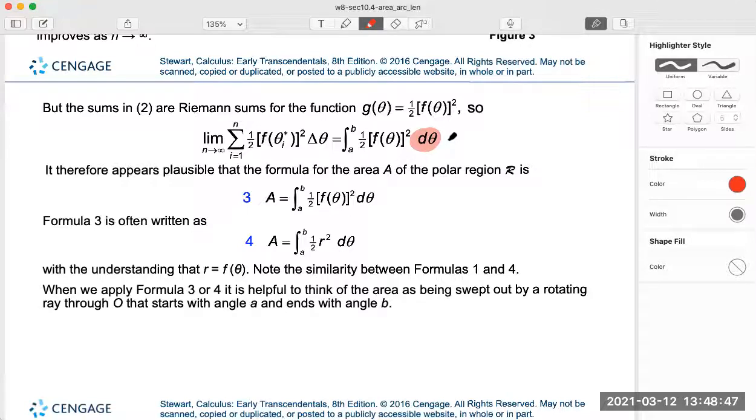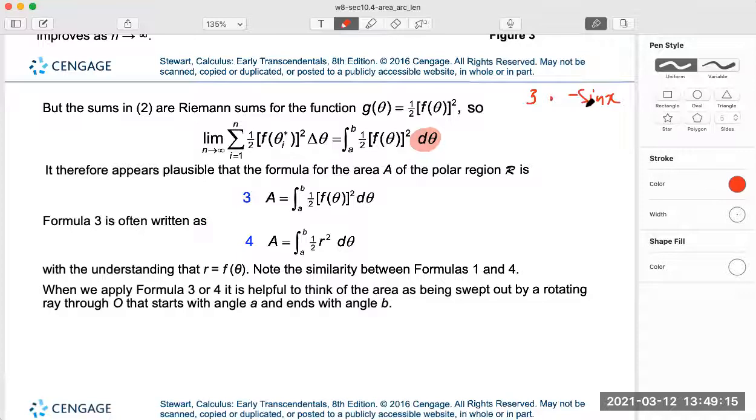Some of you did not write this d theta or dt, depending on the problems. If you do not write that, it is completely wrong mathematically. So it's very important here. And some other mistake is this. You write, for example, 3 times negative sine x.